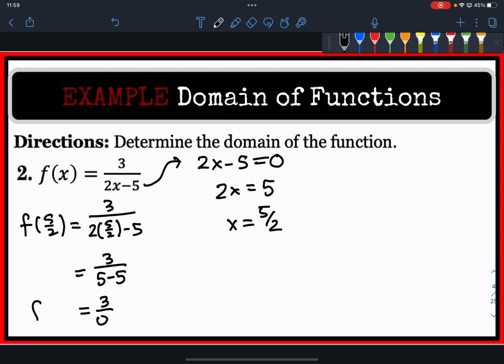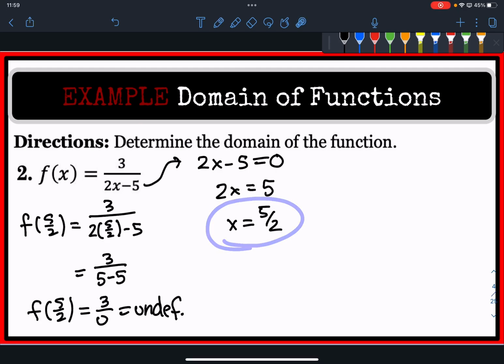So when I plug in 5 over 2, I end up with 3 divided by 0, which again is undefined. I cannot define the value of 3 divided by 0. So because of this, that means that this number is excluded from the domain.